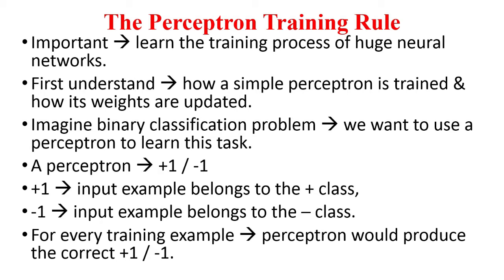Obviously, as we have two classes, we would want to learn the weight vector of our perceptron in such a way that for every training example, depending on whether it belongs to the positive class or negative class, the perceptron would produce the correct +1 or -1.